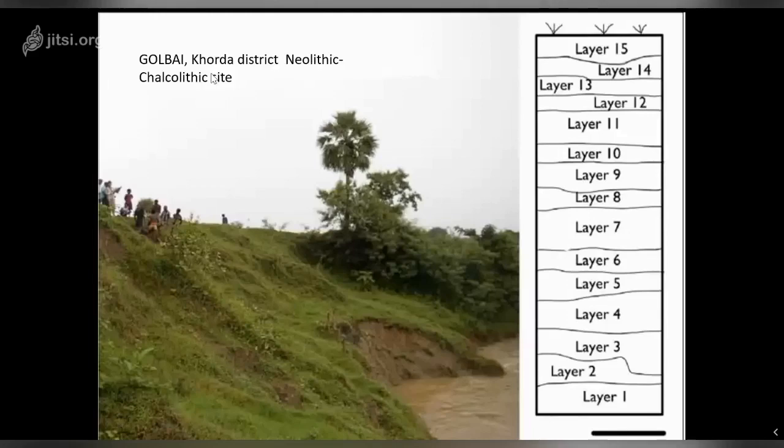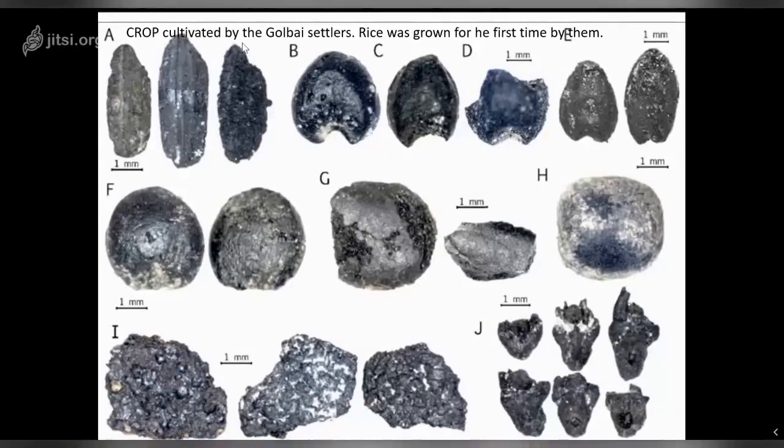The interesting part about this is that they started cultivation of rice for the first time in this part. The cultivation of rice and many other millets, these are the seeds which they have been able to collect from the site of the crop which was being cultivated by these people. For them, it was probably the first time, because until then they were probably hunters.